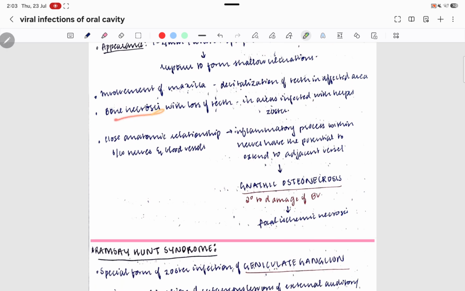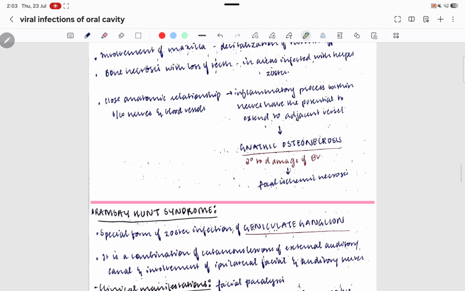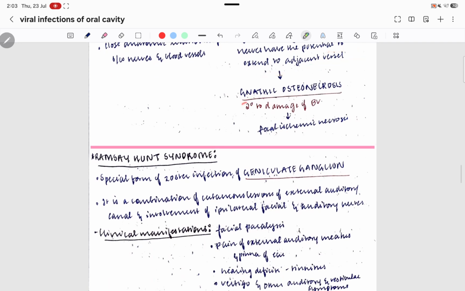Bone necrosis can also be seen with loss of teeth. There is a close anatomic relationship between blood vessels and nerves. Inflammatory processes within the nerves have the potential to extend to adjacent vessels. Gnathic osteonecrosis is the secondary damage to the blood vessels.